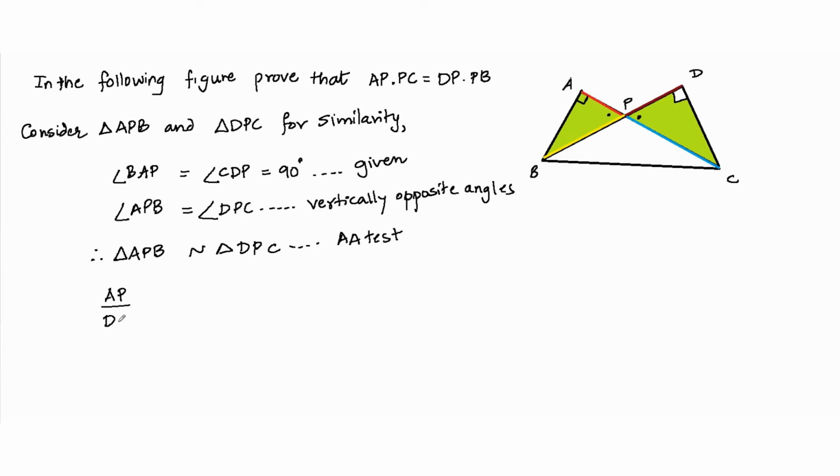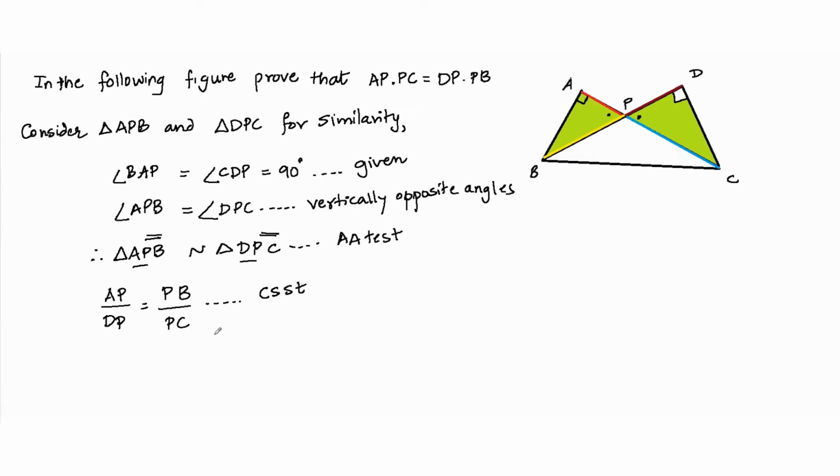Taking the ratios, I get AP upon DP is equal to PB upon PC. And this is because of the corresponding sides of similar triangles. You must have noticed that I am not taking the lengths AB and DC here because that is not relevant to the given question.